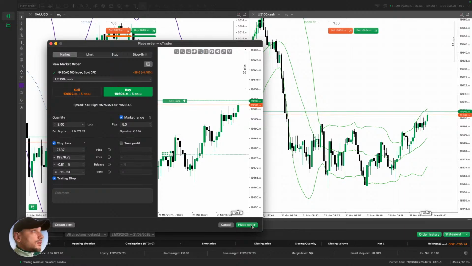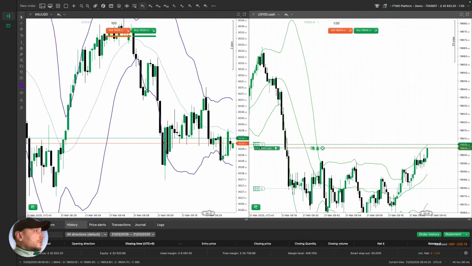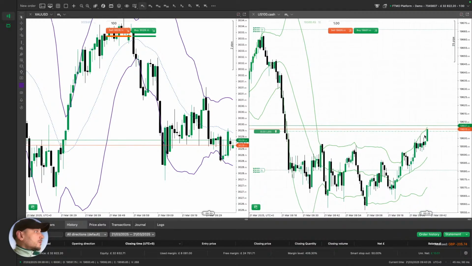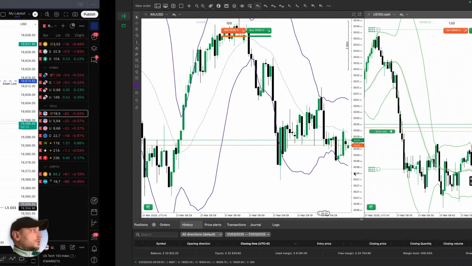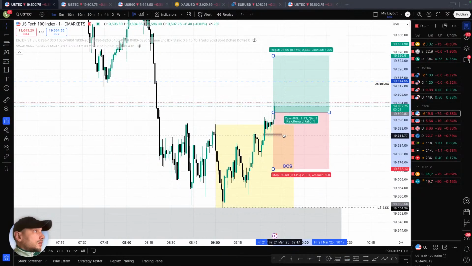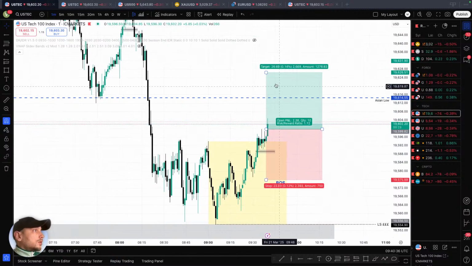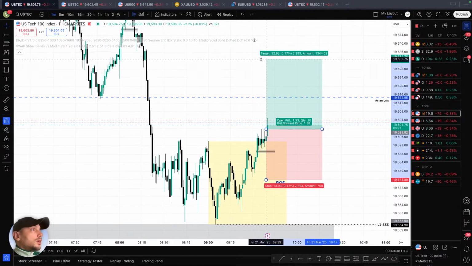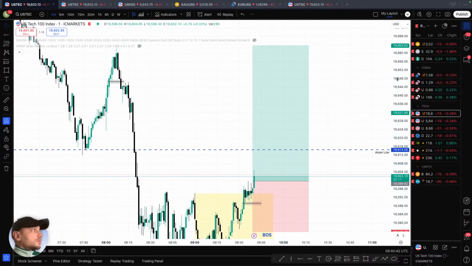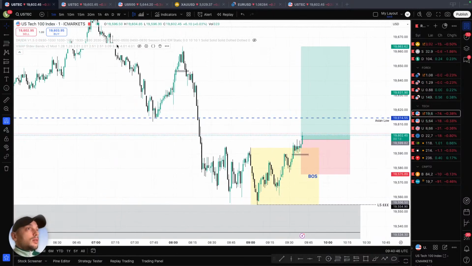I'll try this one. Yep, we're in. Okay, it's a nice push. So it looks something like this. Under these lows. Now we're aiming pretty high. Let's see how this is gonna play out.